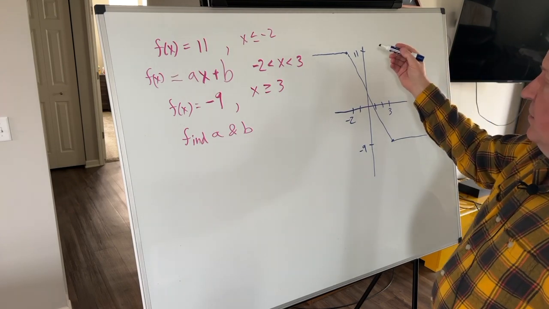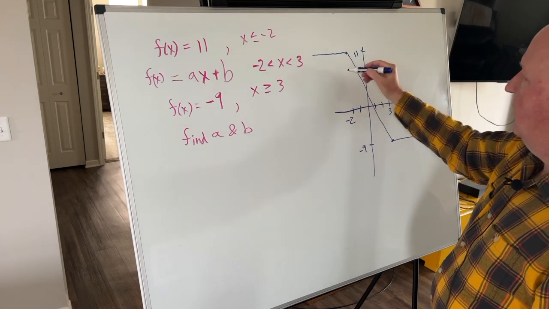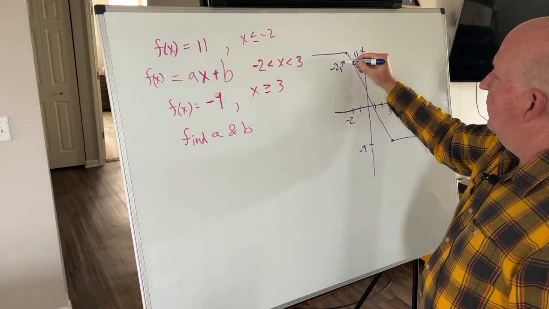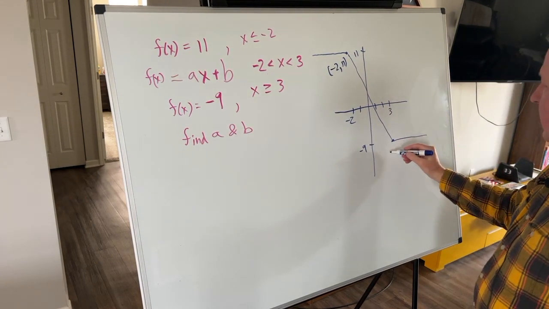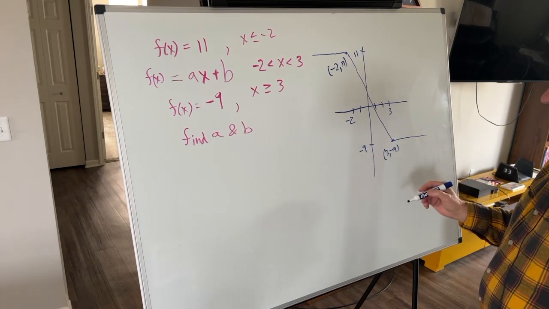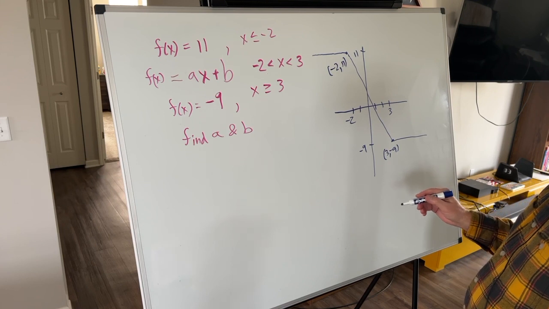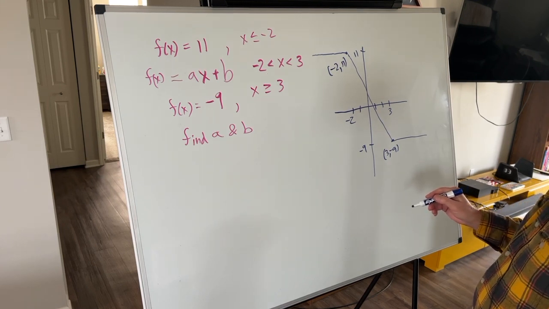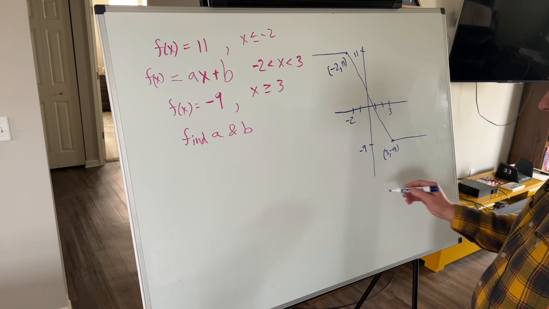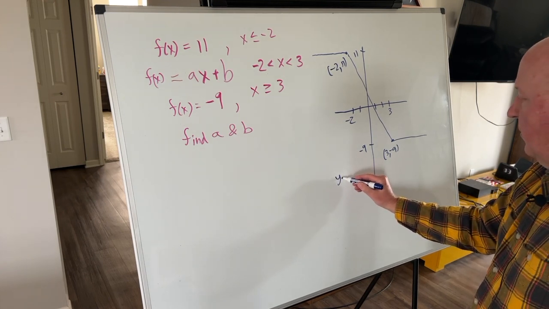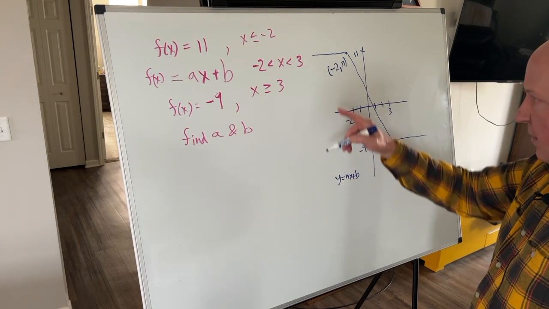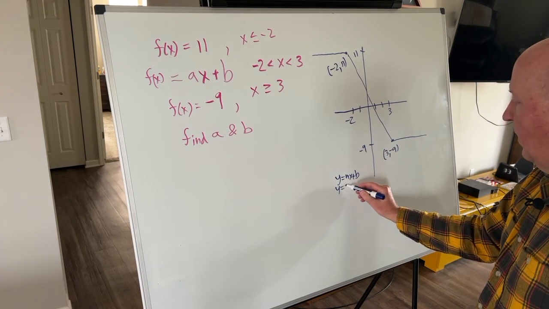Well, here are the points. Negative 2, 11. And then 3, negative 9. So the first thing I did, I didn't look at the answer, I did the brute force algebraic way. The equation of a line in algebra is y equals mx plus b. In this case, y equals ax plus b.